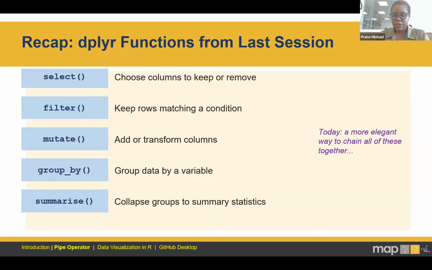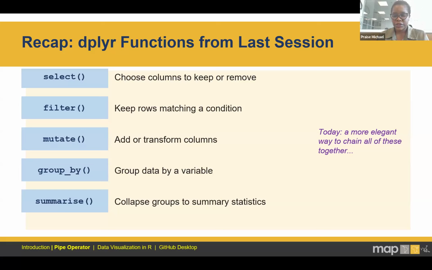The group by, which is grouping the data by variables. So maybe you want to group by age, by year, and all that. And then you also have the summarize, if you want to collapse groups by using summary statistics like average, mean, and all that.